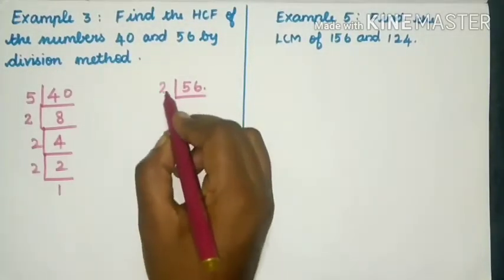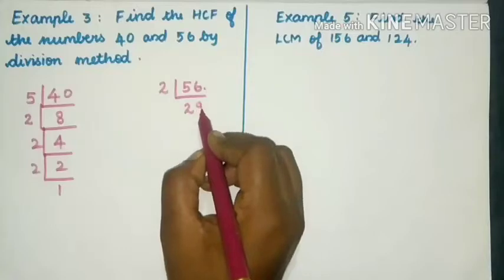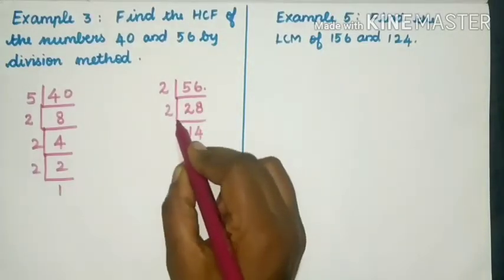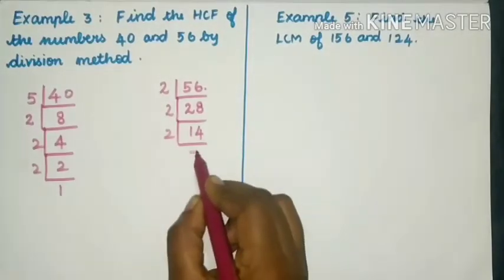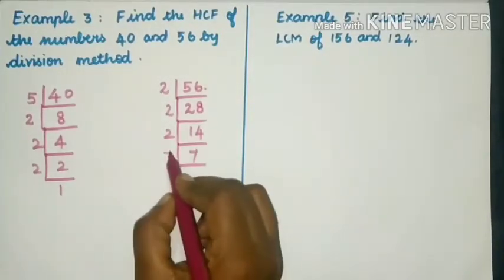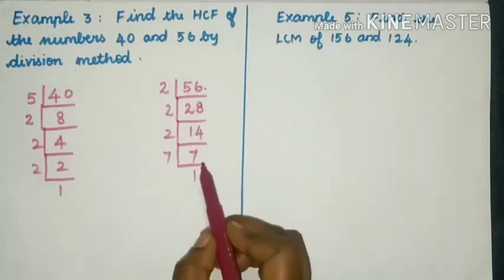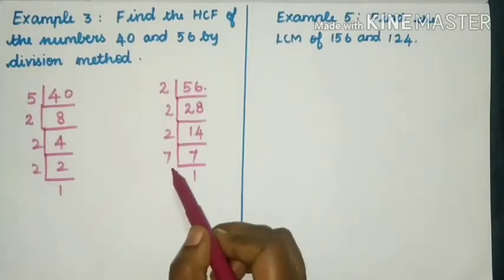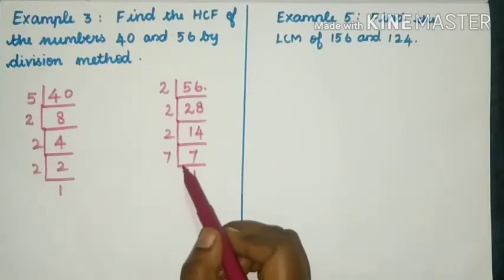56. 2 twenty-eights are 56. 2 fourteens are 28. 2 sevens are 14. 7 ones are 7, because 7 is a prime number, so it is only divisible by 7.